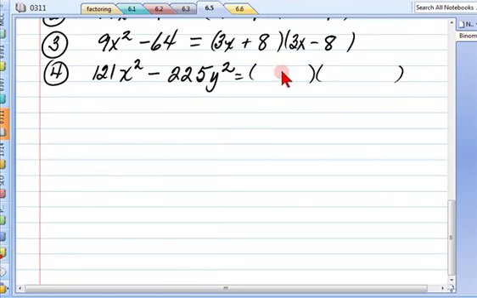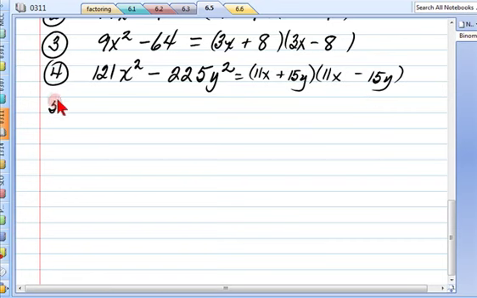All right, one plus and one minus. What's the square root of 121x squared? 11x. And the square root of 225? 15y. So it would be good to know where the square root key is on your calculator so you could check things if you needed to.